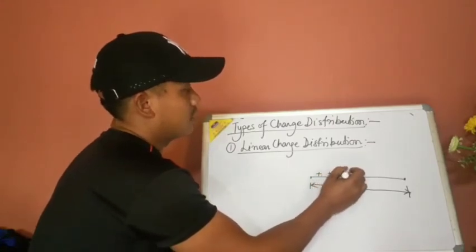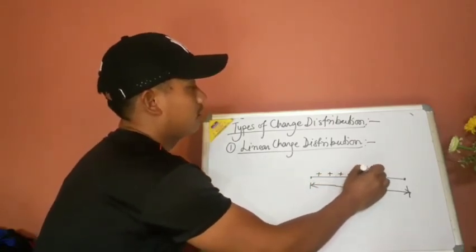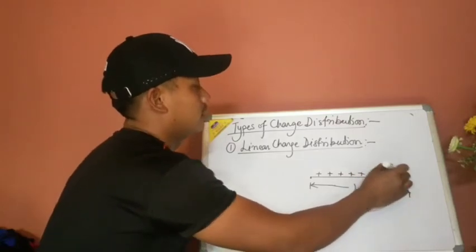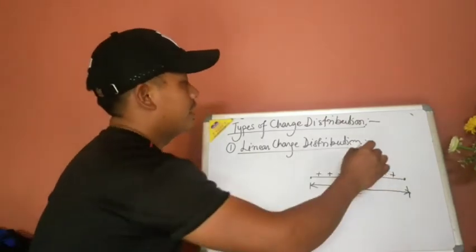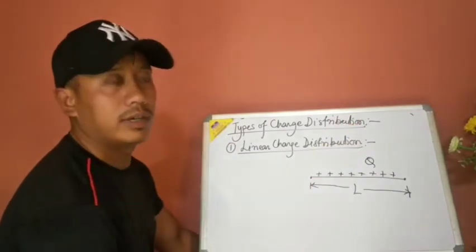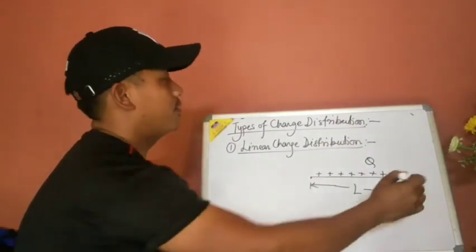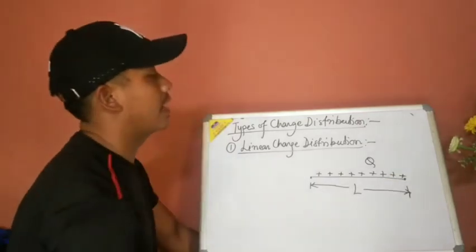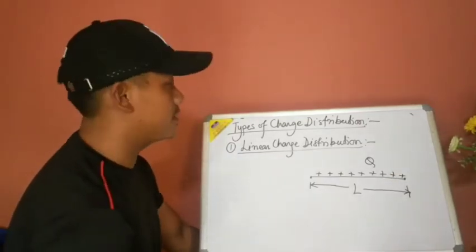Let us say positive charges are distributed on it like this, and the total charge is Q. Such a uniform distribution of charge over a line is known as linear charge distribution.